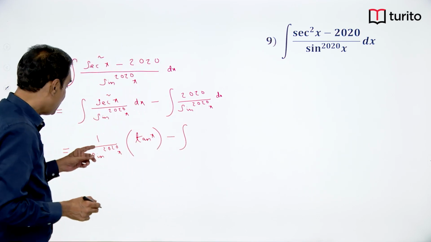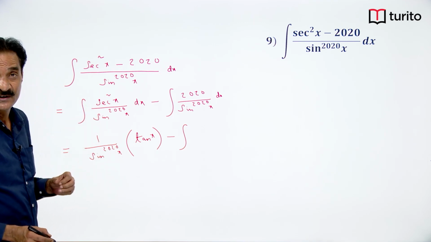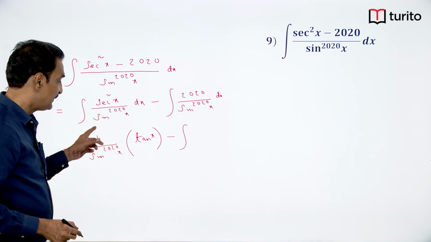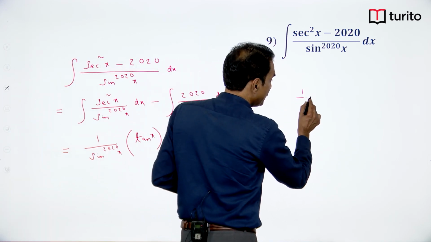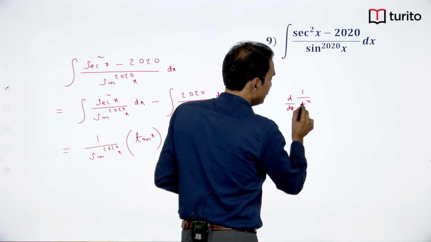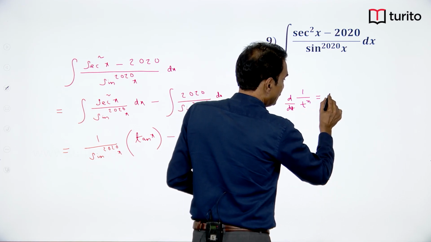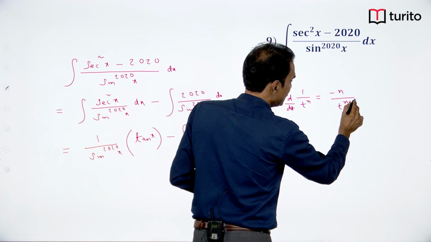integral derivative of the first function. What is the derivative of 1 by sin power 2020 x? Derivative of 1 by t power n will be minus n by t power n plus 1.